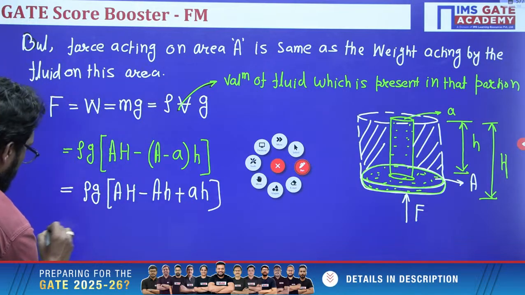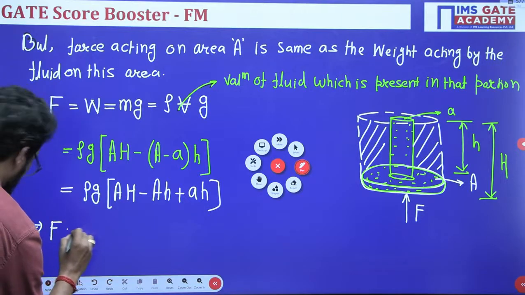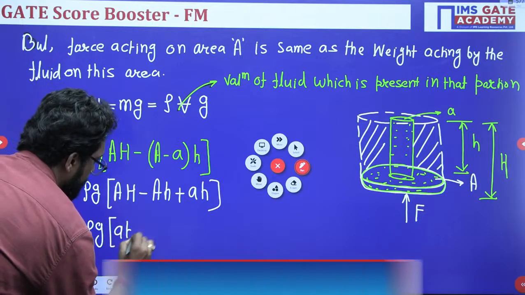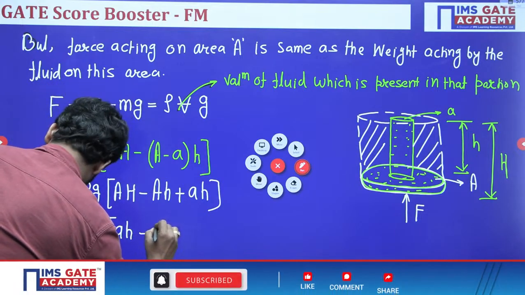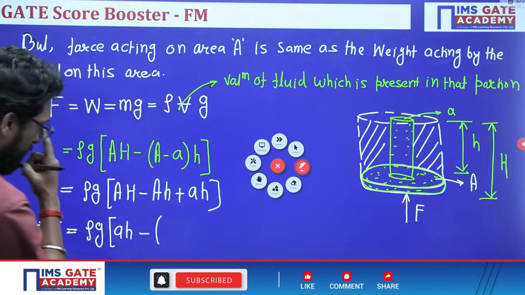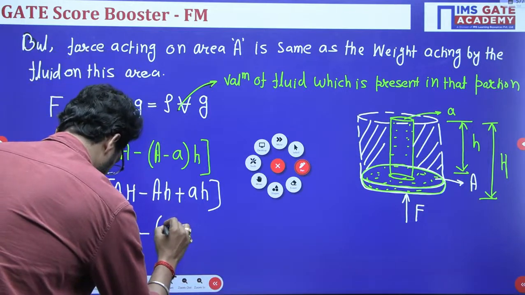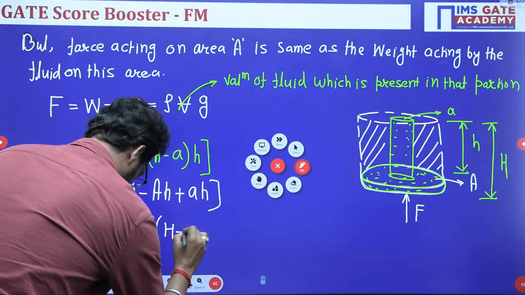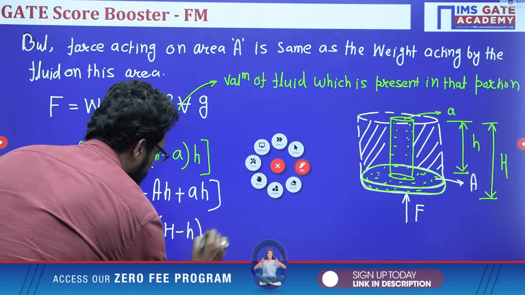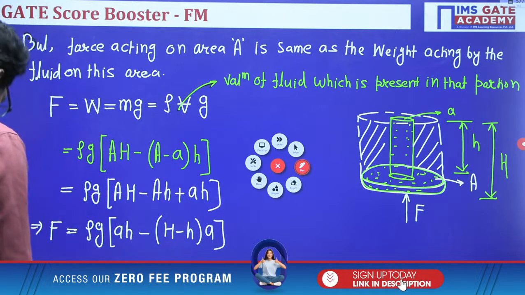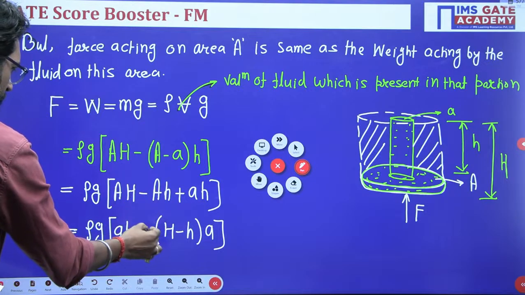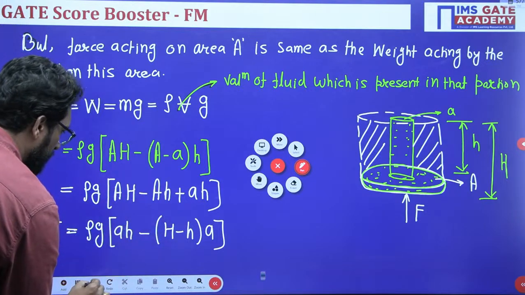Now if you take common, this force F is rho g into A H minus, you take common, minus of H minus small h into A. Yes, it is right. A H minus, yes, correct. A H, okay. No, it is not like that. It is like that. One second.